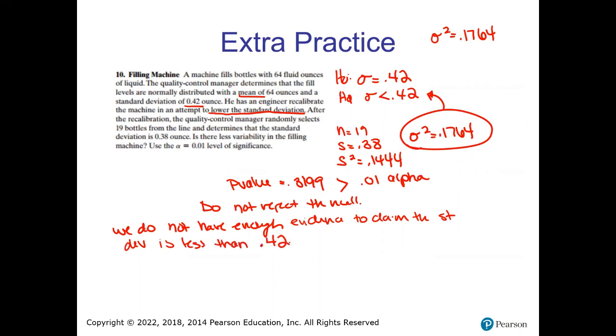I cannot make that claim. So 0.42 to 0.38 is not enough of a difference in terms of the spread, and it looks like the calibration on this machine did not really make an impact on my standard deviations.